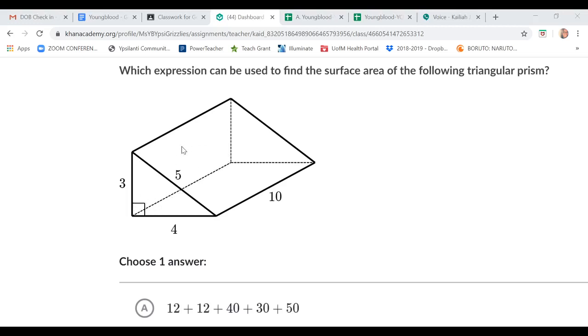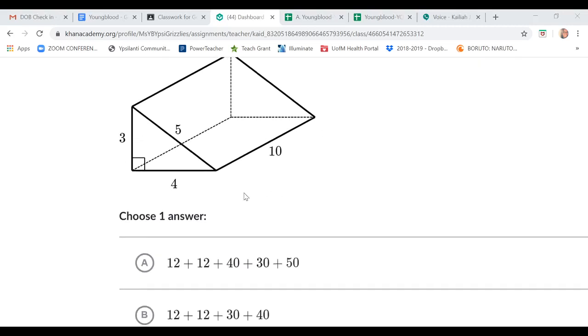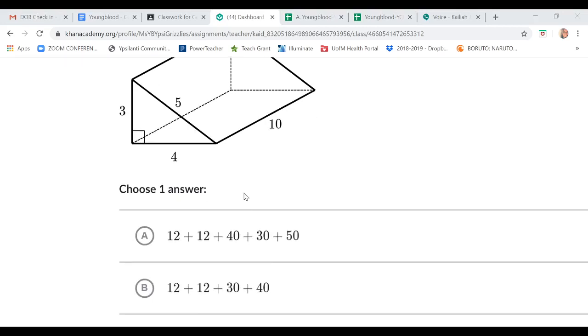So this rectangle is 15. We have 6 plus 6 plus 15. The area of this rectangle down here is going to be 40. So we have 6 plus 6 plus 15 plus 40. And this rectangle here is going to have an area of 50. So 6 plus 6 plus 15 plus 40 plus 50.